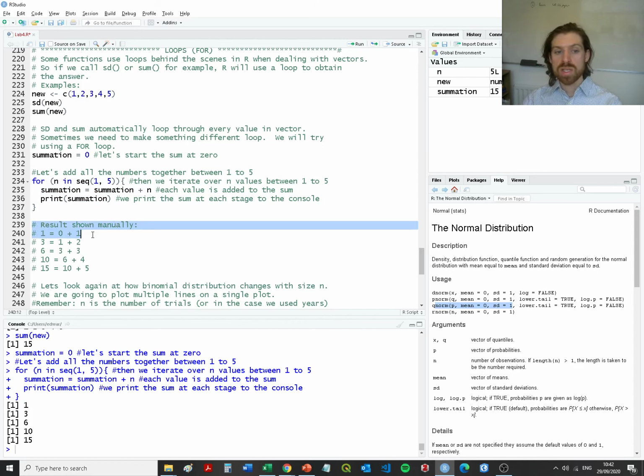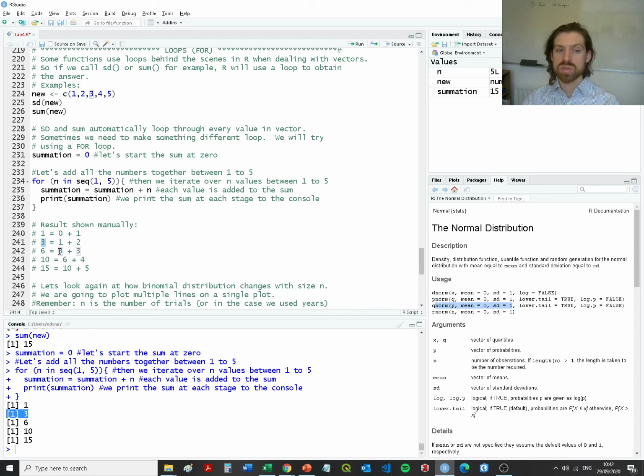Okay, as we've already been through the first example here, it produces a 1. This is what the code is doing. You can look at these numbers here: summation is 0, and then we add 1, we get 1. It prints it to the command line down here. Then when n takes the digit 2, the summation is 1 plus 2, and therefore the answer is 3, as we get down here.